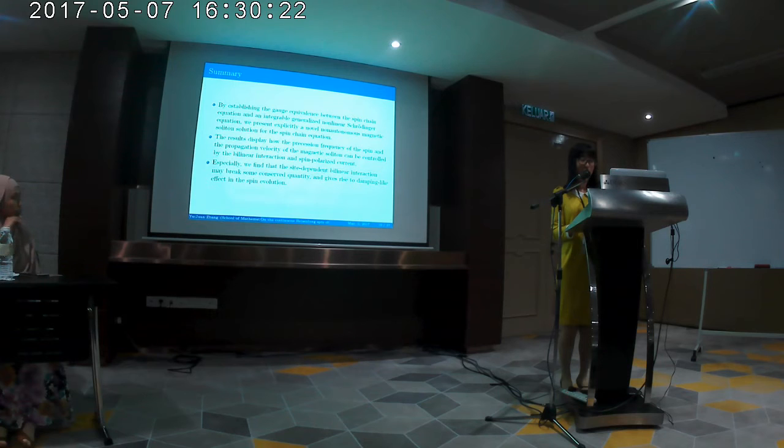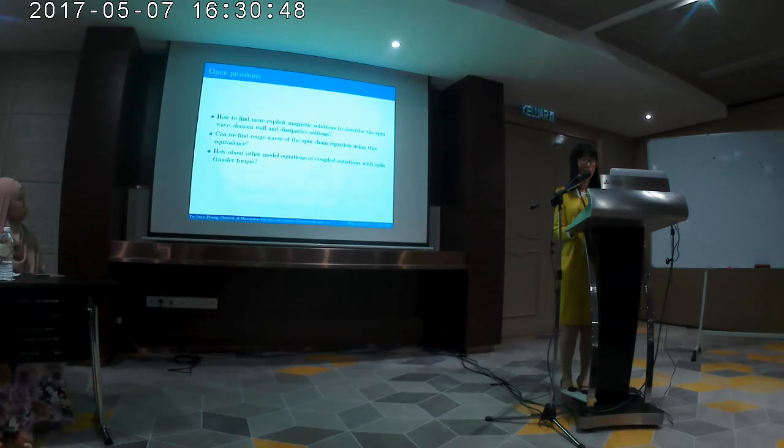The results display how the precession frequency of the spin and the propagation velocity of the magnetic soliton can be controlled by the bilinear interaction and the spin polarized current. Especially, we find that the site-dependent bilinear interaction may break down the conserved quantity and give rise to a damping-like effect in the spin evolution.